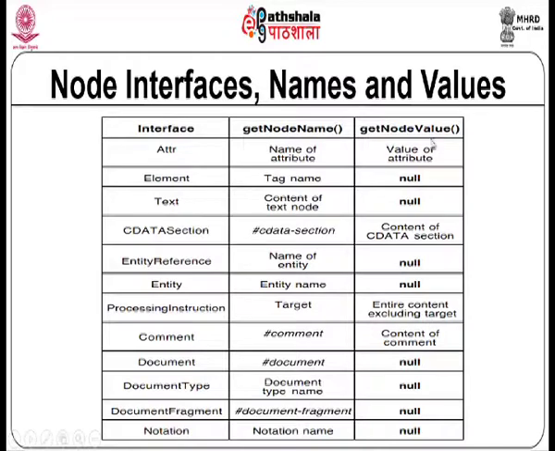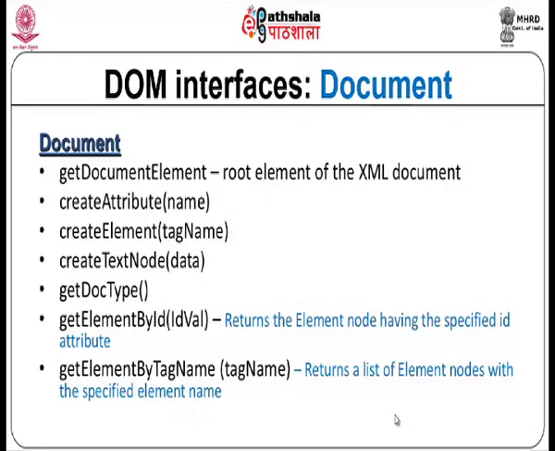So, we can see that node name and node value are properties, and get node name and get node value are the methods used with all these different kinds of interfaces. Depending upon what it returns, if it does not hold good, it returns a null value. That is what is shown in this table.